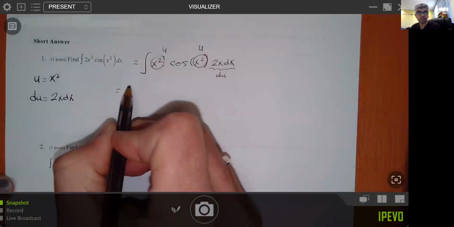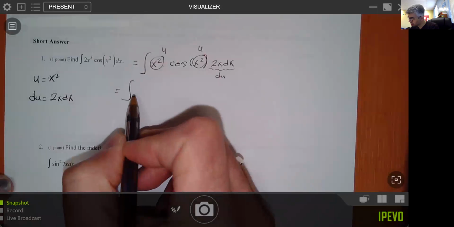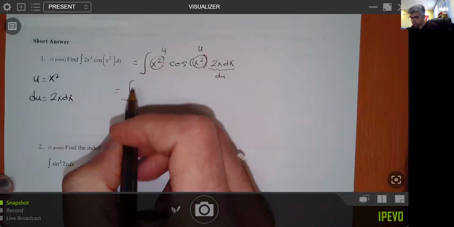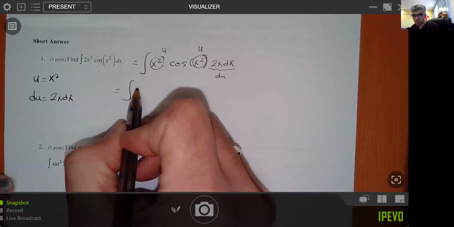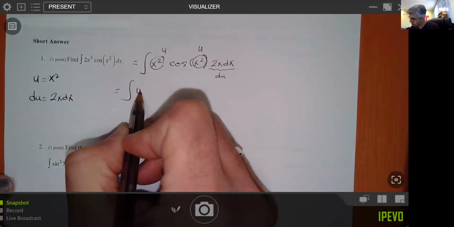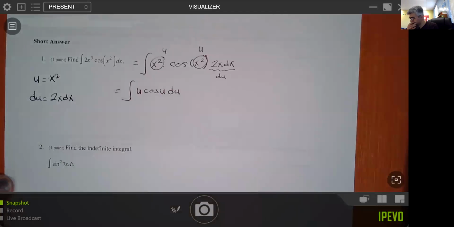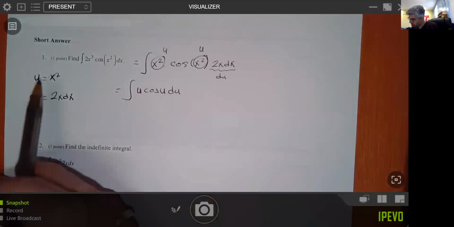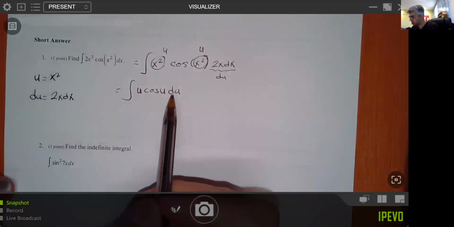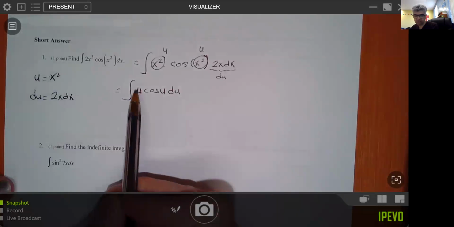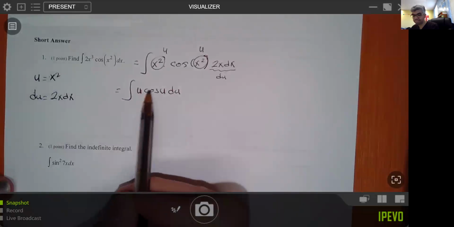So I have a new integral with a new variable u: integral of u cosine u du. Here u is a function of x generally, right?